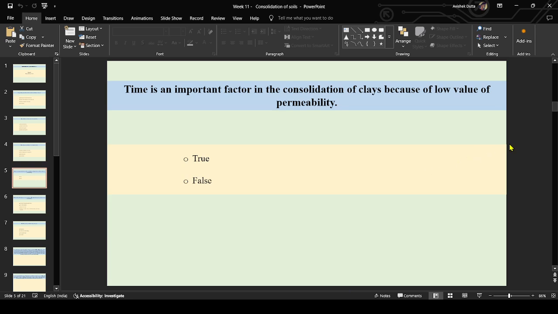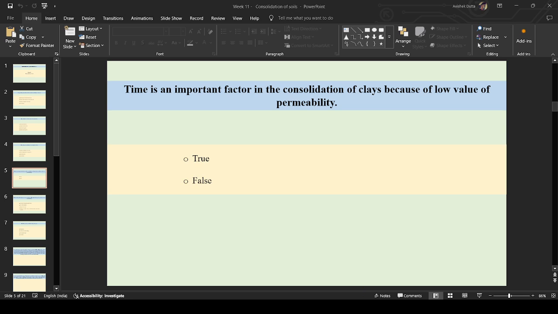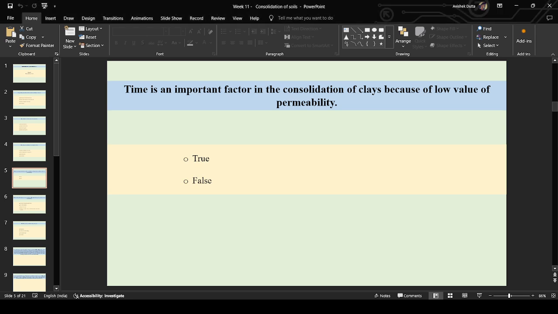This is a true false statement, and I think it is pretty simple and easy. Time is an important factor in the consolidation of clays because of low value of permeability.